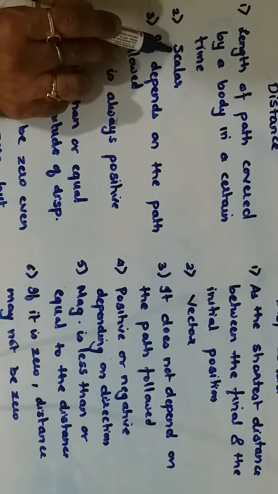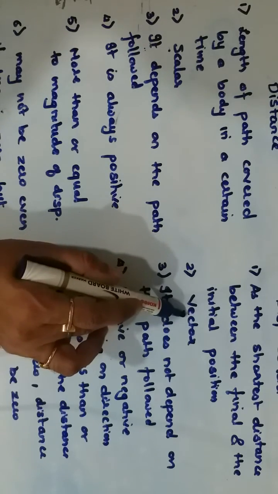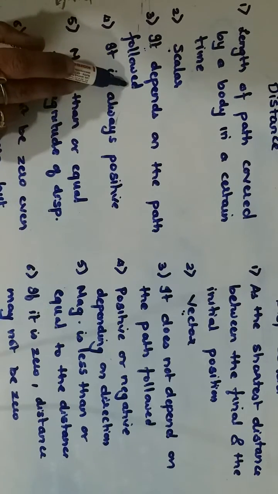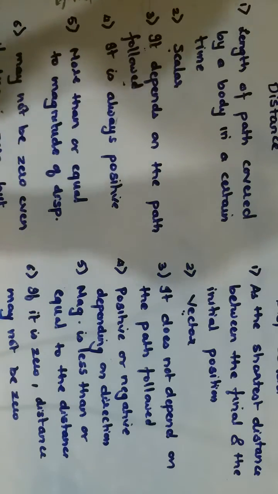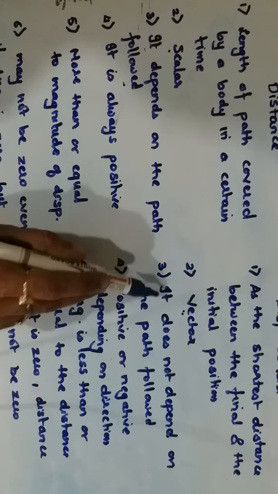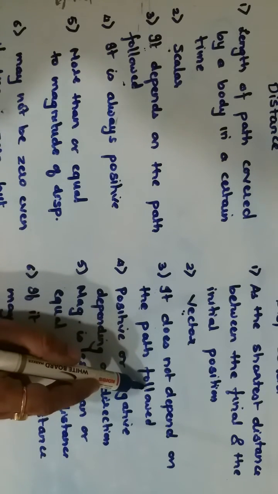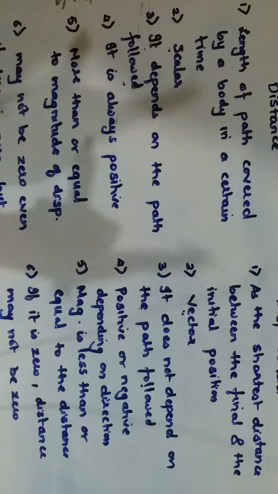Distance is a scalar quantity, displacement is a vector quantity because it requires direction. Distance depends on the path followed, whether a straight line or a zigzag path or a perpendicular direction. But displacement does not depend on the path followed because we don't look at the path, we just look at the shortest distance. Getting it?